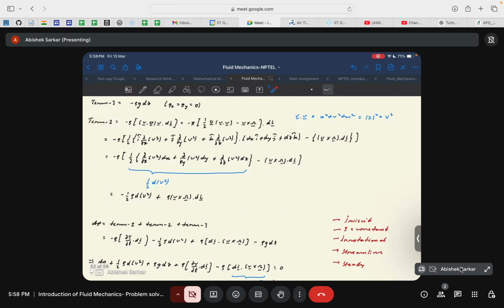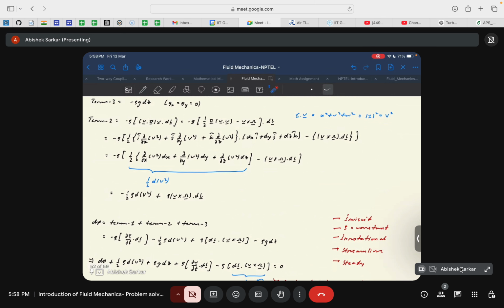So now let us simplify term 2 even further. Okay, so what you can do is, v dot v will give you v square, or in terms of its components, u square plus v square plus w square, something that you already saw in the previous question. Correct?